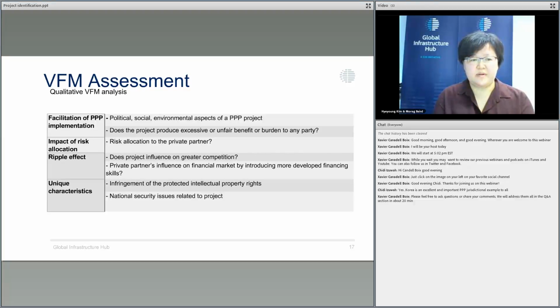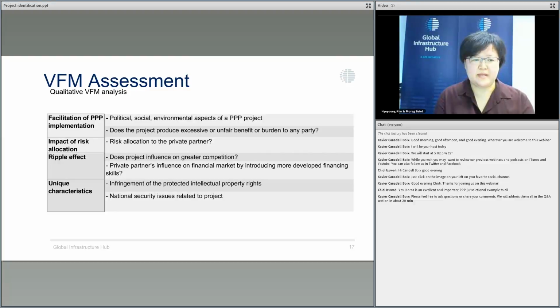Are there any political, social, environmental aspects of a PPP project, especially user pay or government pay type? We need to review whether user pay PPP can be accepted by the users. And we can also review the impact of risk allocation.